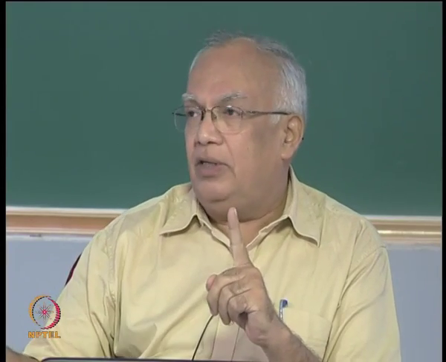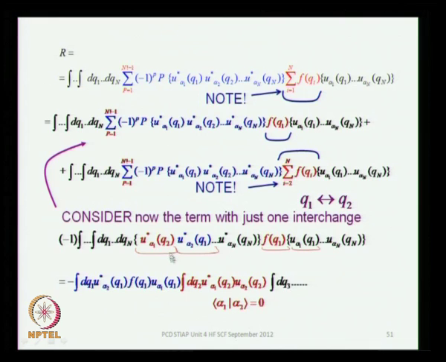All the other 1 electron states are the same, and now I separate the integration over the different variables which are q 1, q 2 and q 3.